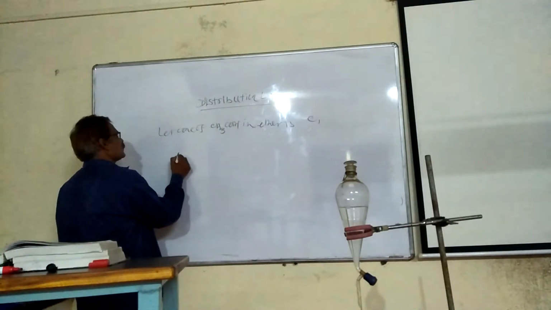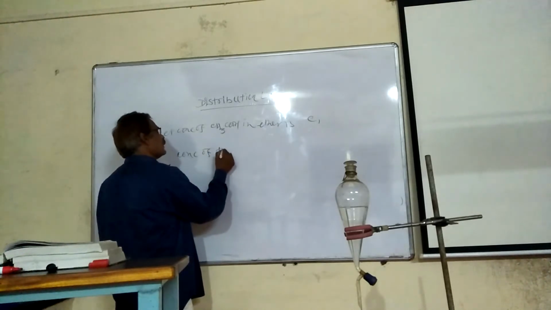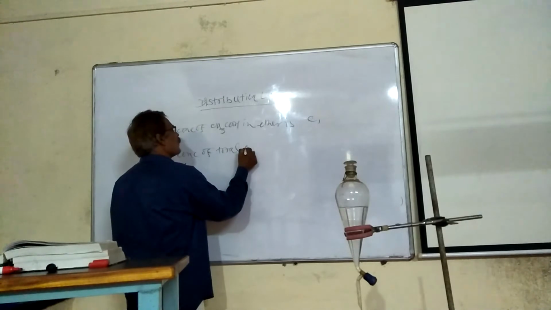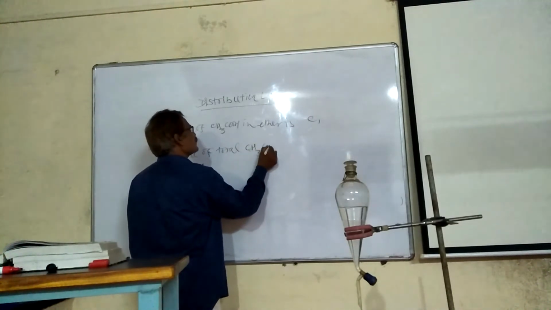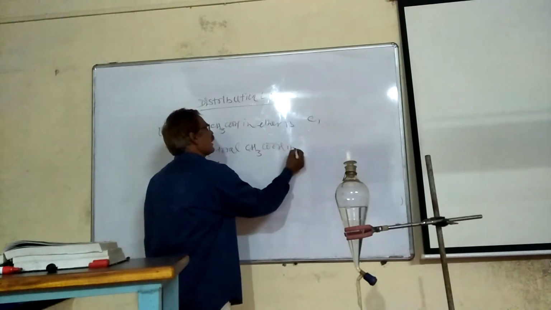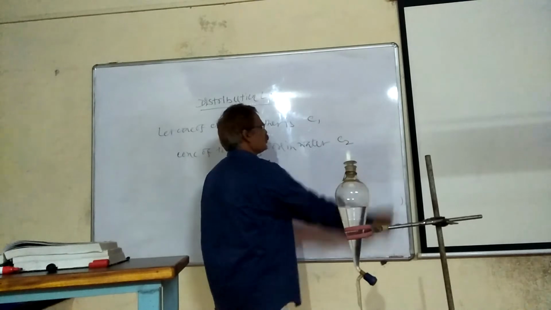Let the concentration of total acetic acid, CH3COOH, in water be C2.